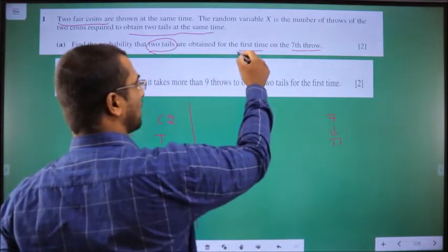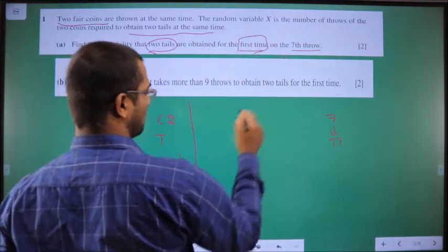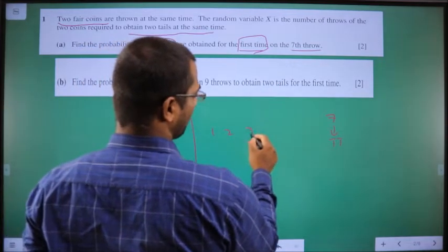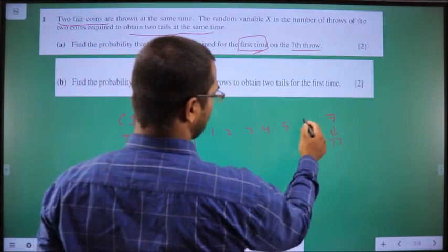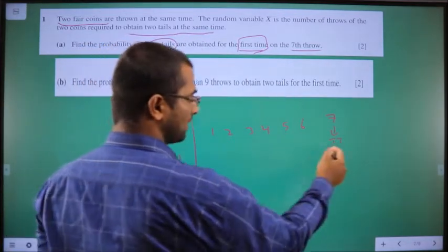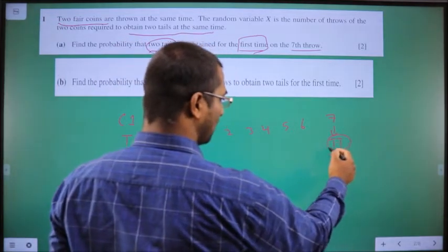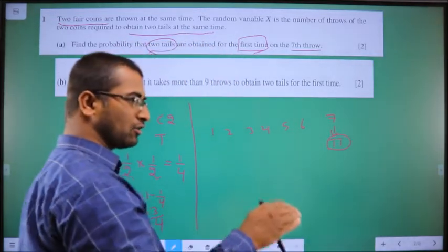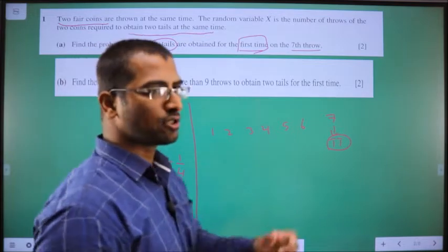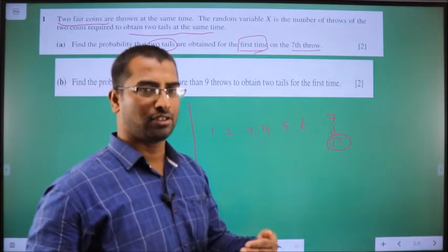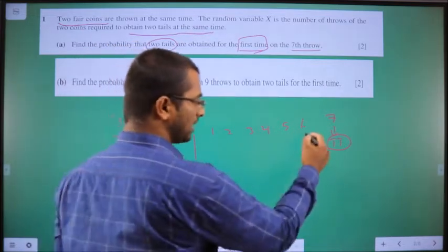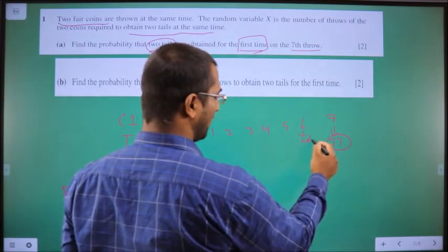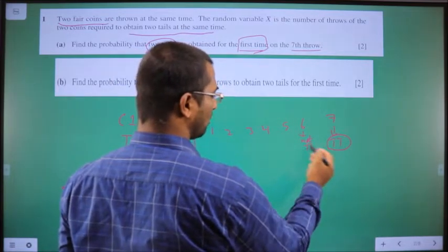Next, what does this first time mean? First time means these two tails should come first time on the 7th throw only. The two tails should not come before any of the 7 throws. So here it should be not TT, not both tails.